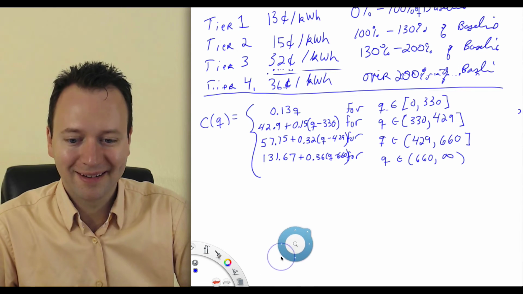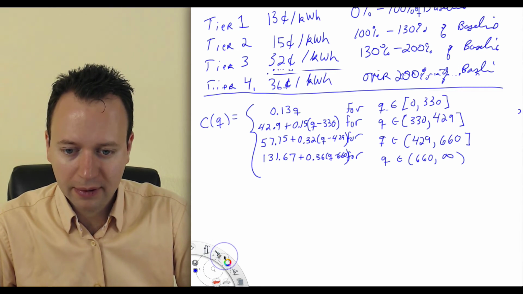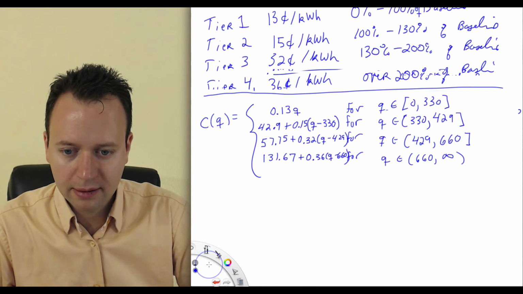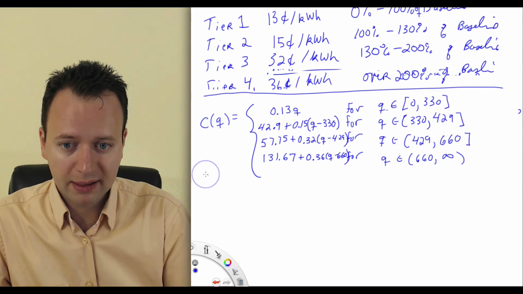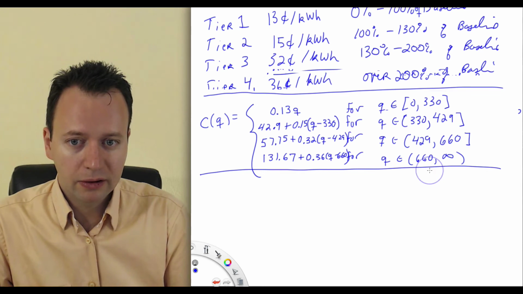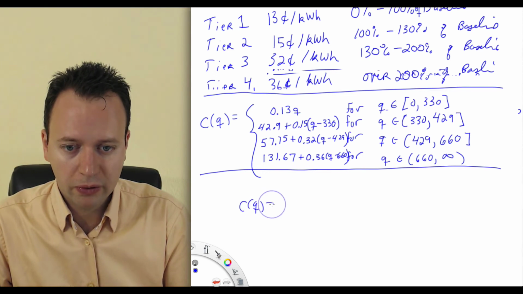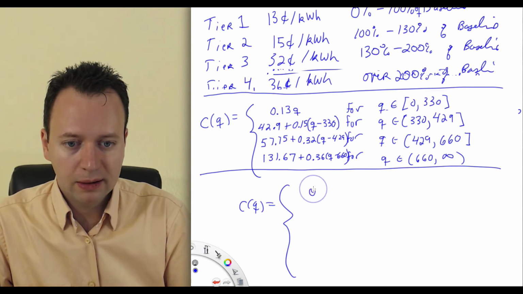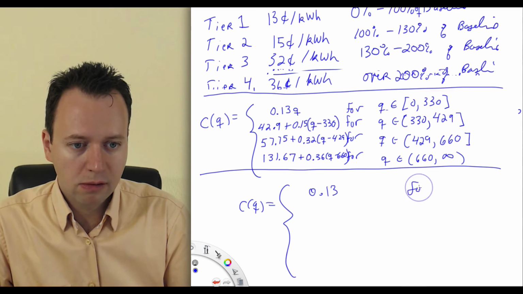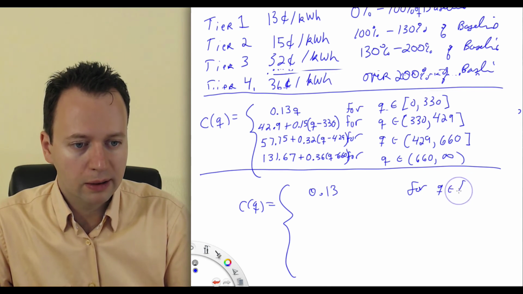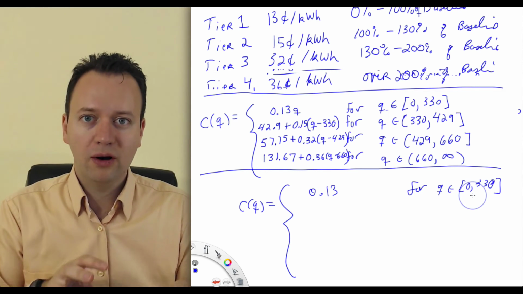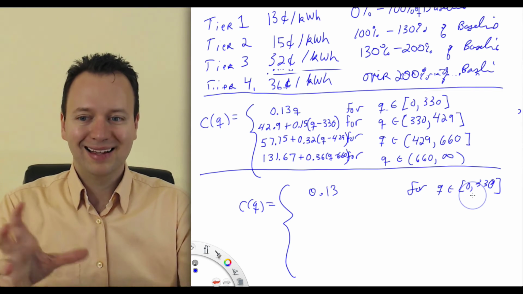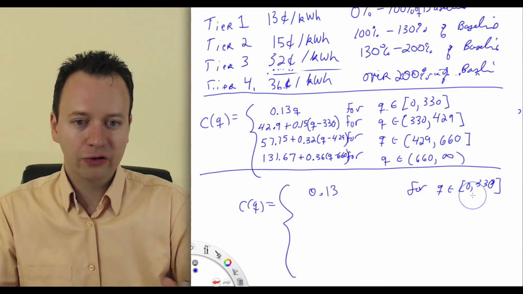Yeah, there we go. So we can rewrite this, C of Q, 0.13 Q for Q on 0 to 330. Now let's distribute the 0.15 in the second formula and then combine like terms into slope-intercept form.